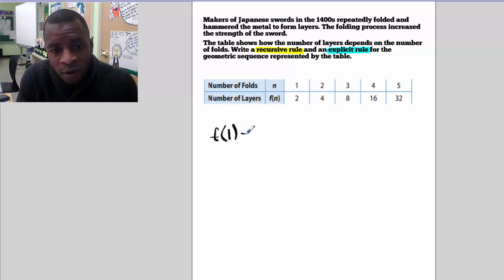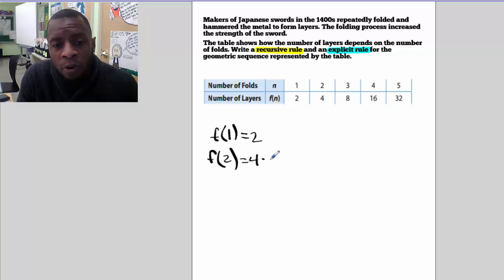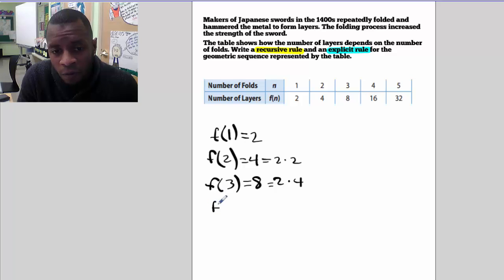We're going to write f of 1 is 2. Then f of 2 is 4, but we can write 4 as 2 times 2. f of 3 is 8, which we can also write as 2 times 4. f of 4 is 16, which we can write as 2 times 8.